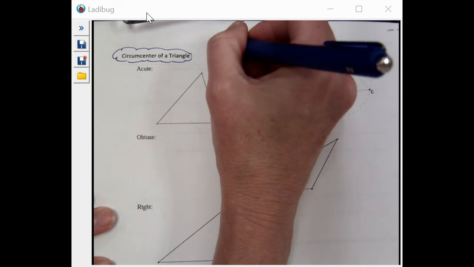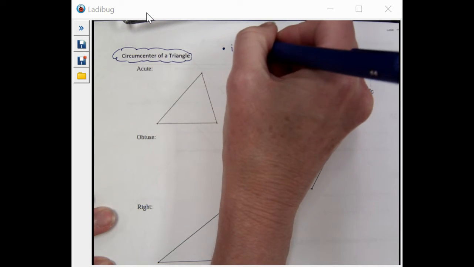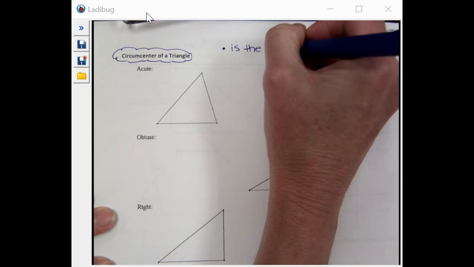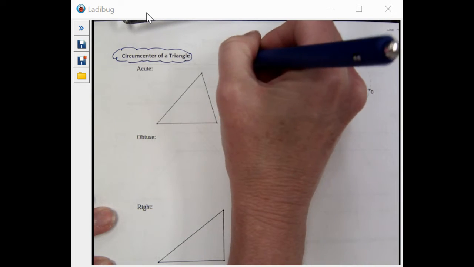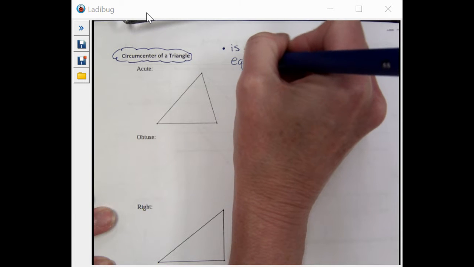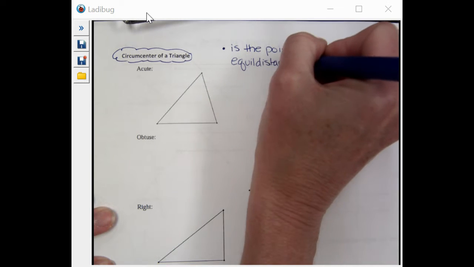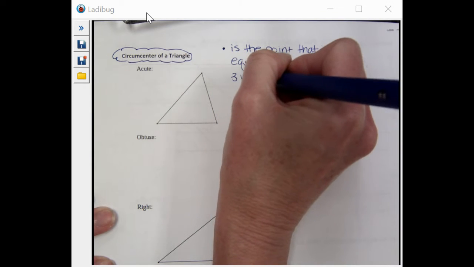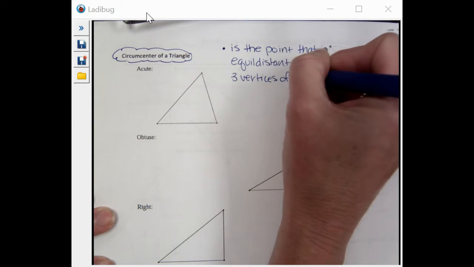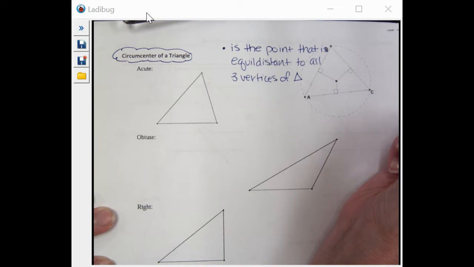Well, a circumcenter is the point that is equidistant to all three vertices of a triangle.